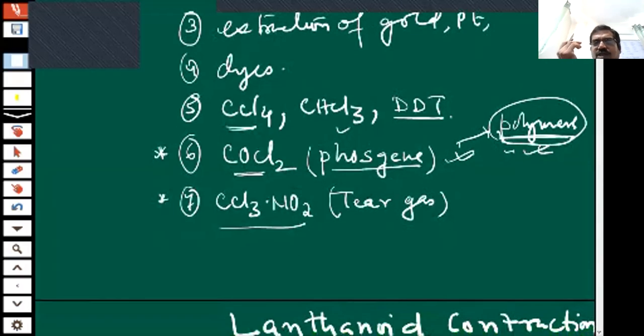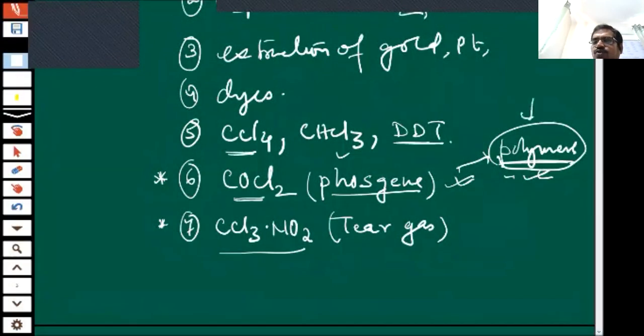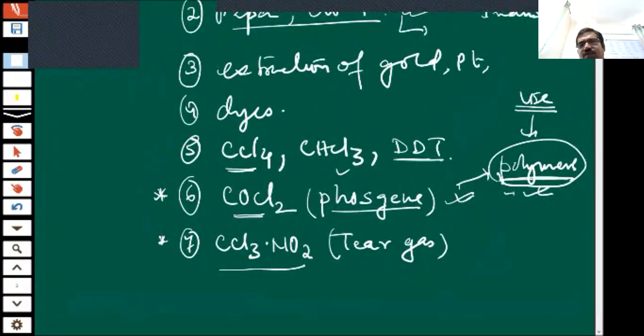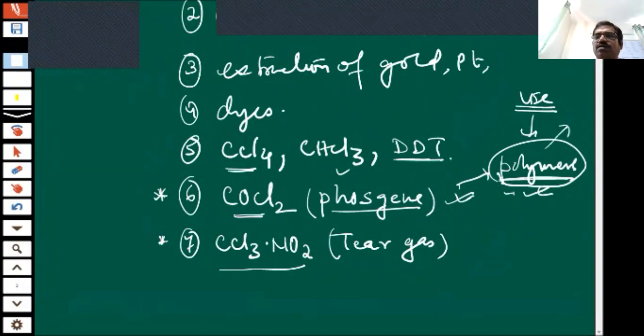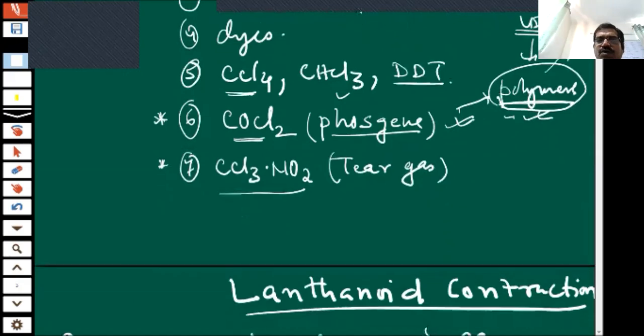There are many poisonous gases where, after producing some material, that material is useful, but the gas is poisonous. Do you remember last week, I think in Visakhapatnam, a poisonous gas was released? It was also a polymer making industry. So poisonous gases are there, but their products are useful. So this is tear gas.